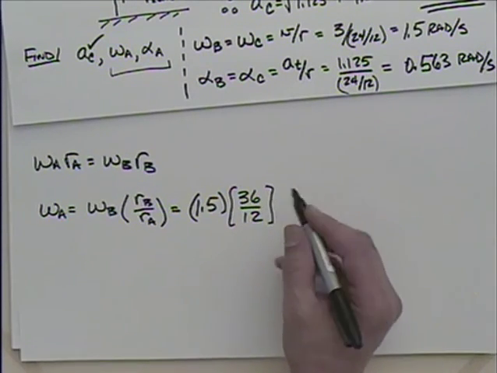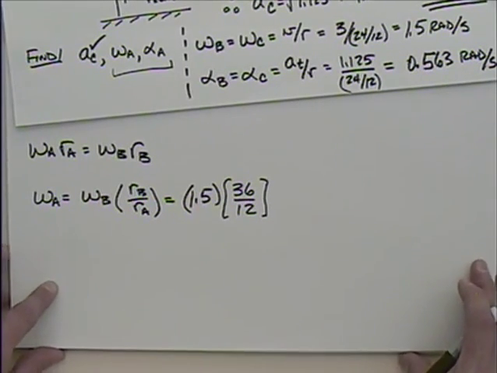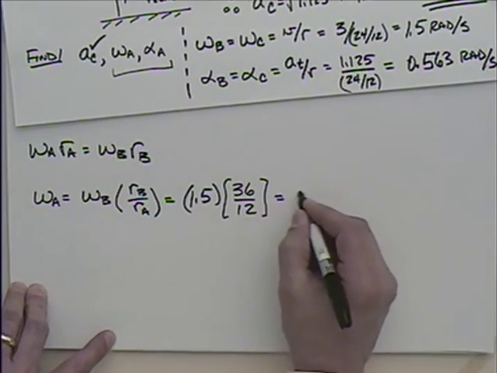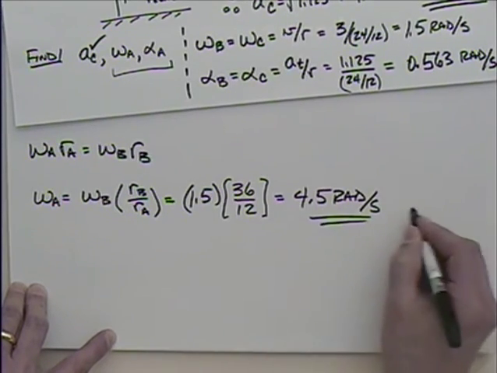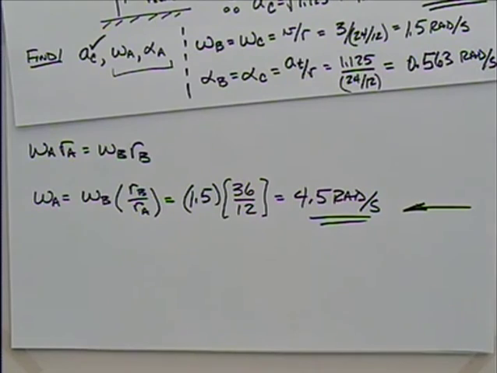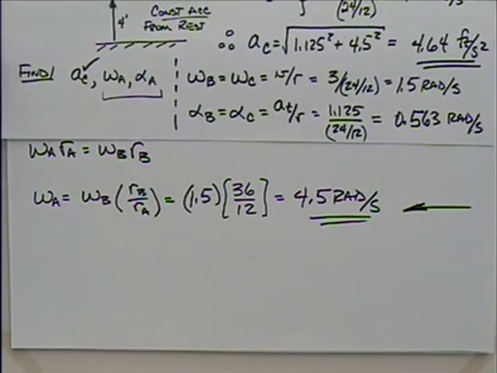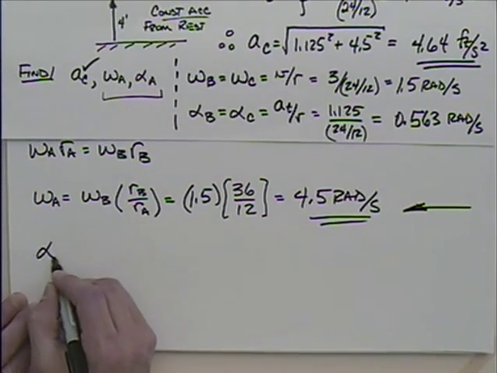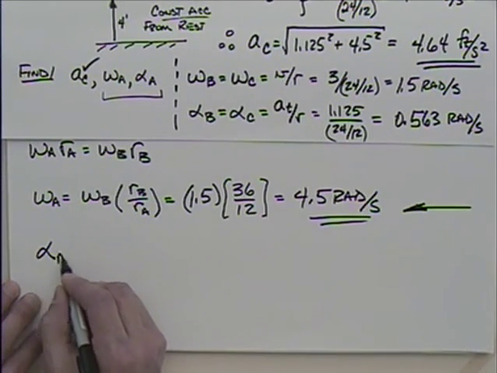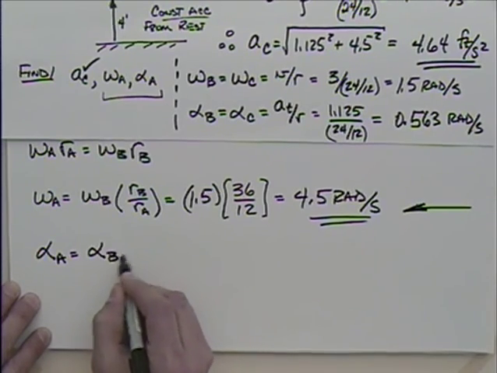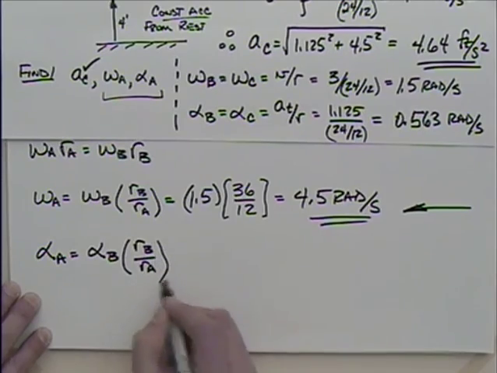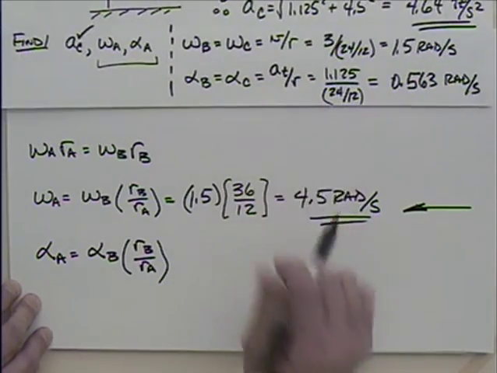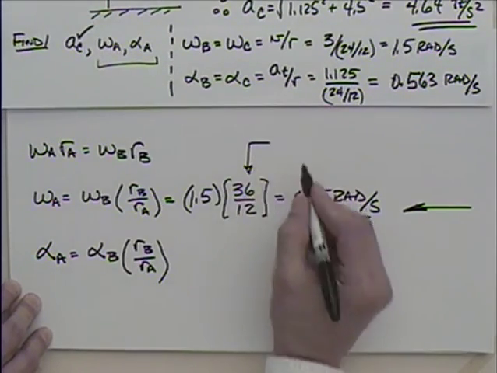So this turns out to be what? 3 times 1.5 gives me 4.5 radians per second. So that would be omega A. A should have to be going faster, shouldn't it? And indeed it is. So let's do this for alpha A, which is going to be alpha B times R sub B over R sub A. And I guess maybe I should put a note here for people that go and look at this later.